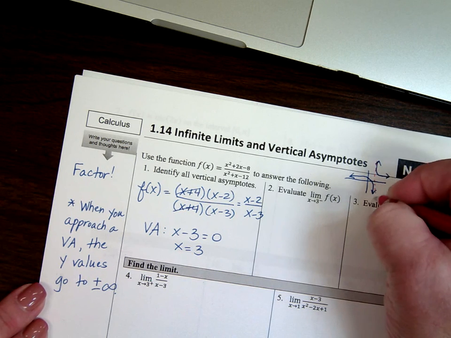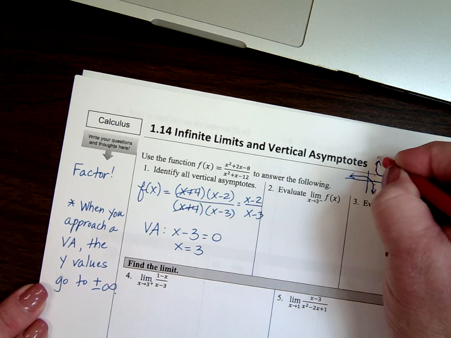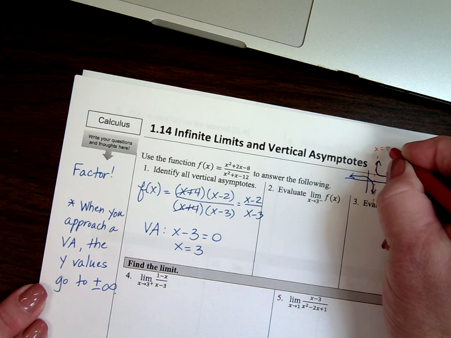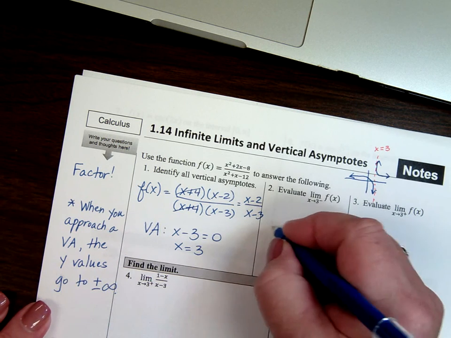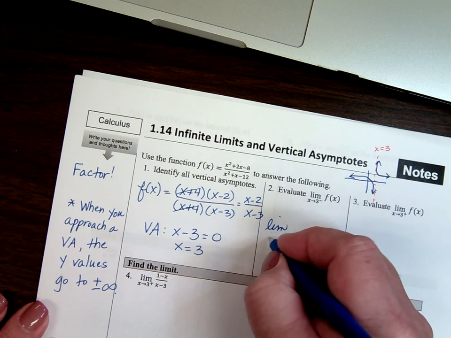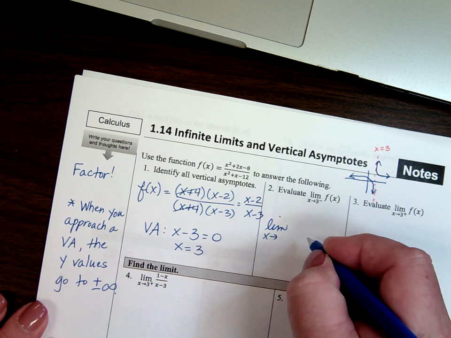And I'll make it up here so that this is where x equals 3. Kind of makes sense, right? Got a vertical asymptote. So the question says, what's the limit for number 2 as x approaches 3 from the left for this function?